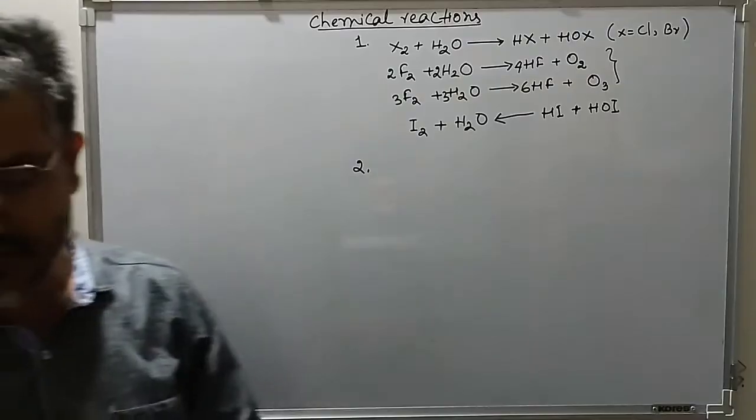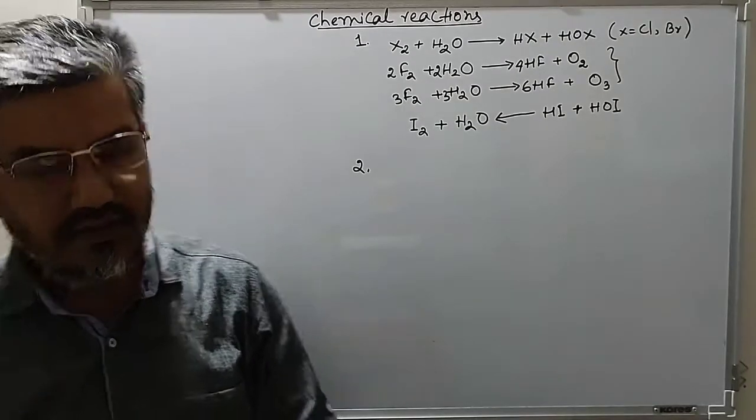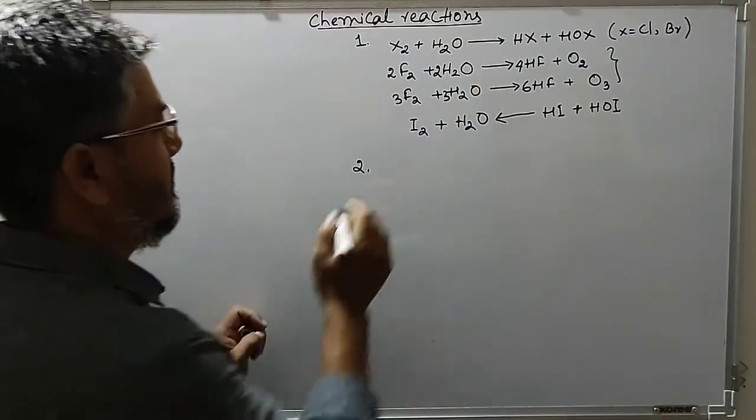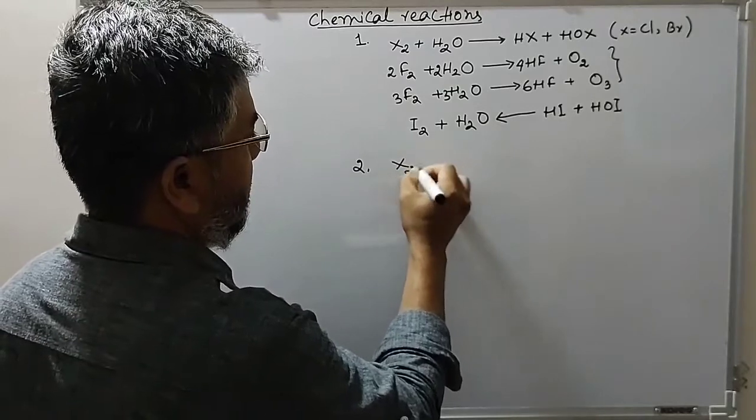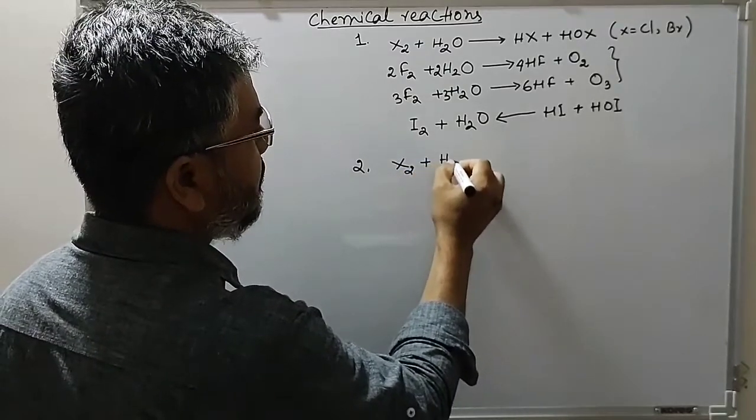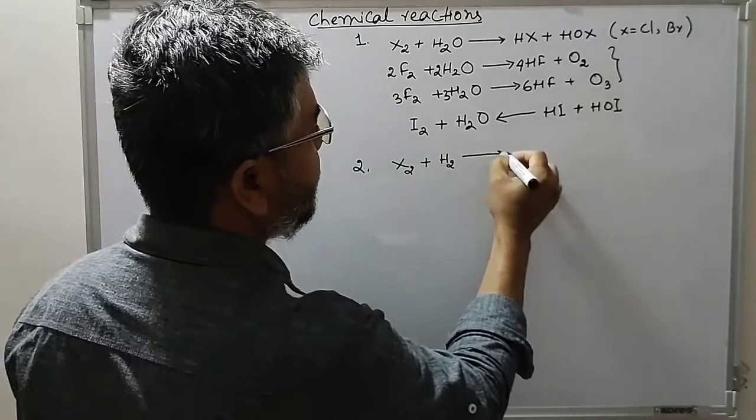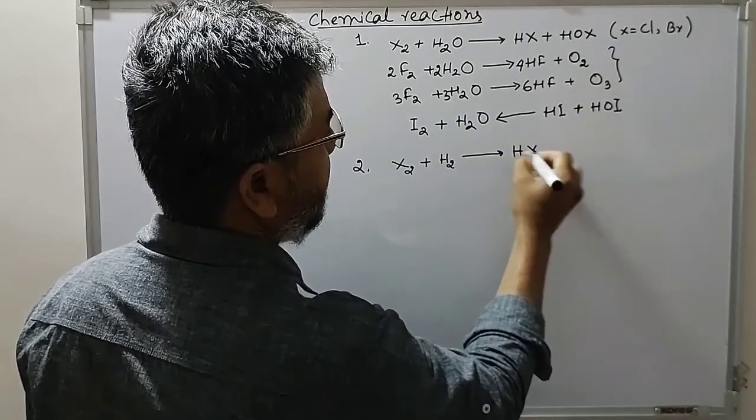Now coming to the next reaction, these halogens react with hydrogen gas, and this gives you HX.